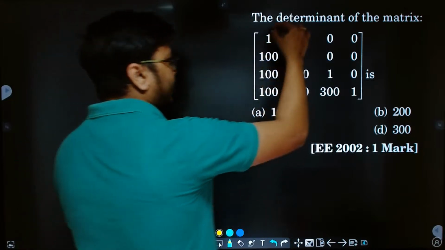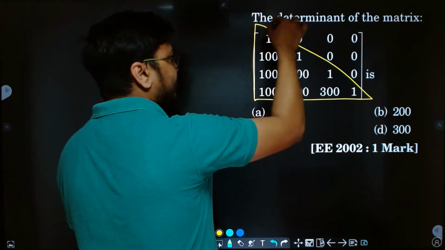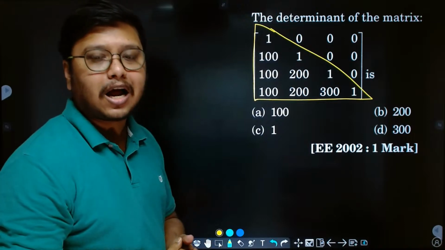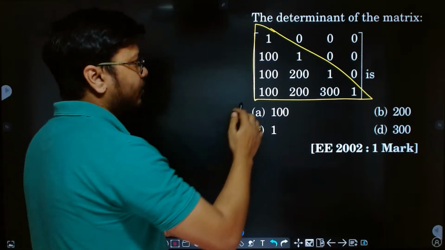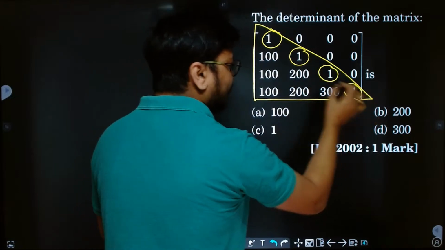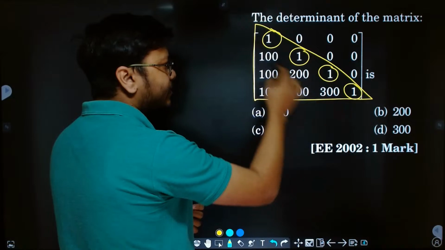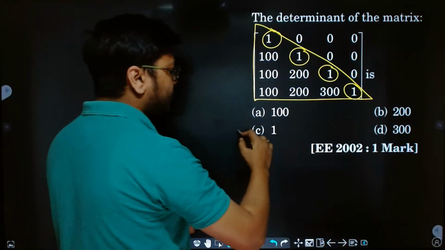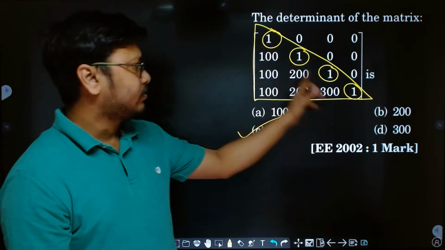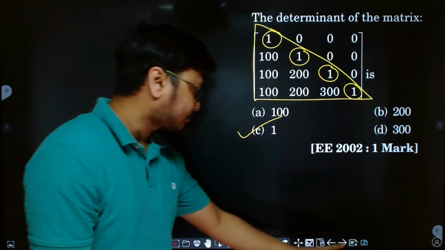So this is a lower triangular matrix, and we know for lower triangular matrices, the determinant value is equal to the product of the diagonal elements. So the product of the diagonal elements is 1 into 1 into 1 into 1. That is how much? Simply 1, right? So it is a simple application question. The numbers could have been something else other than 1 also. Doesn't matter, the answer will be the same.